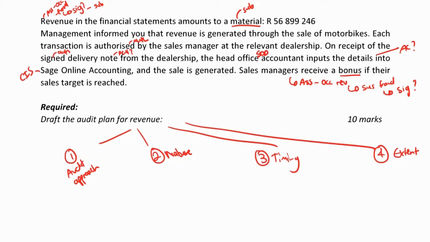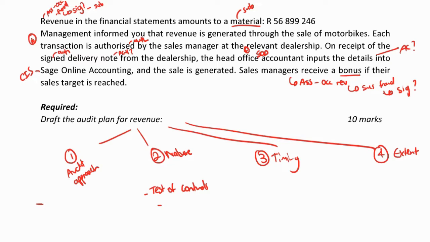Look, I see controls, there's authorization, there's segregation of duties. So I'm going to say, based off this, I would want to test the controls. Why? Let's put it under here. I would want to perform test of controls under my nature. Let's put some reasons.